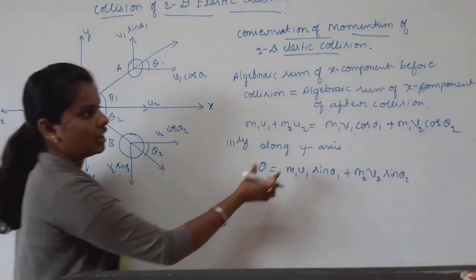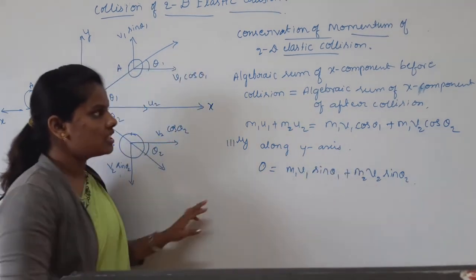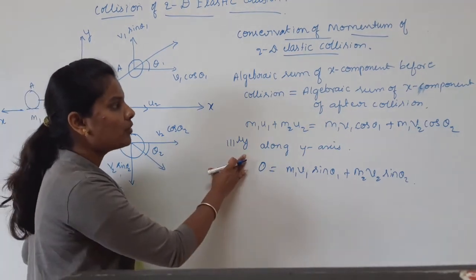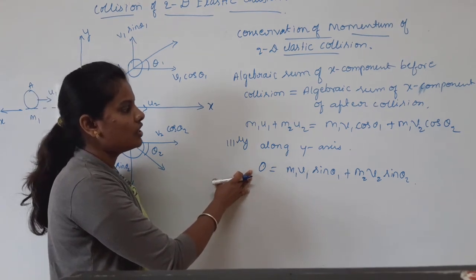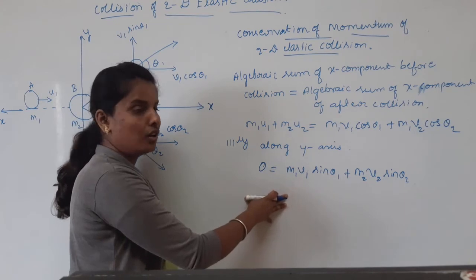So this is along the x-axis and this is along the y-axis. This is the expression for conservation of momentum of two bodies in a two-dimensional collision.